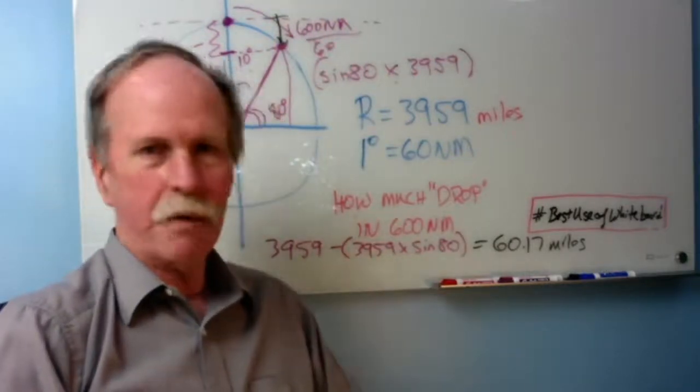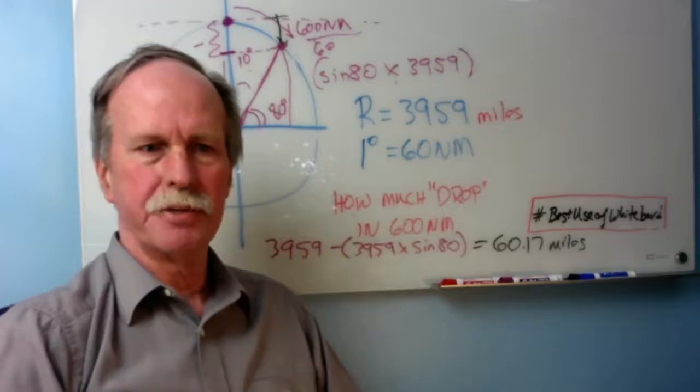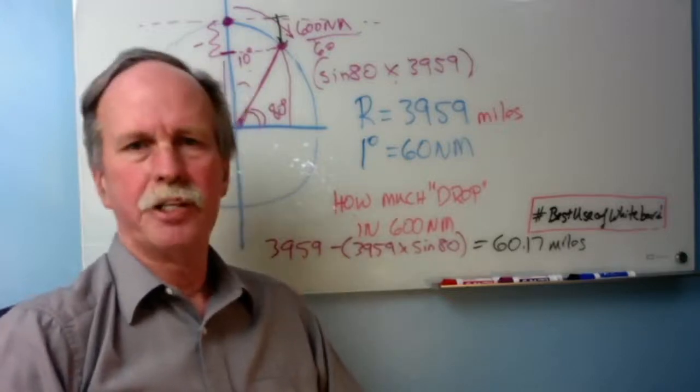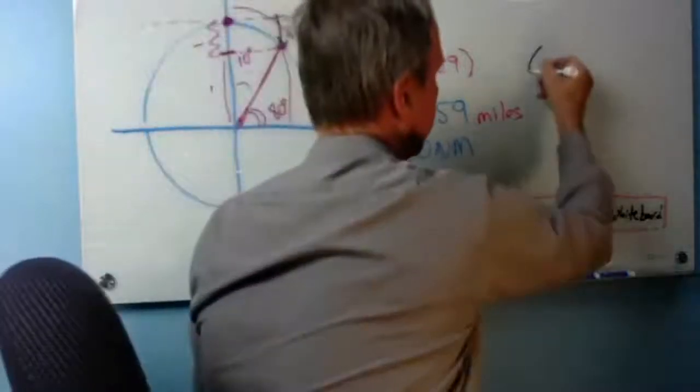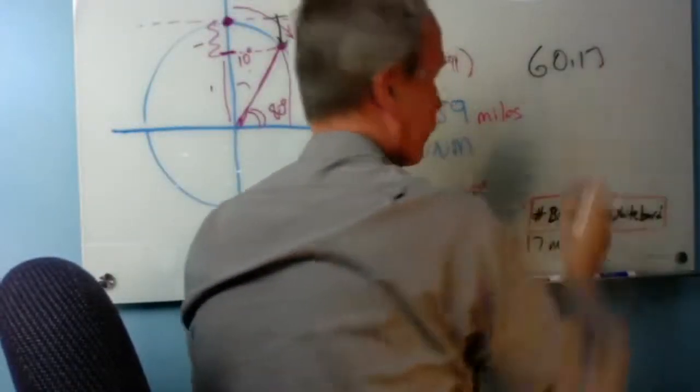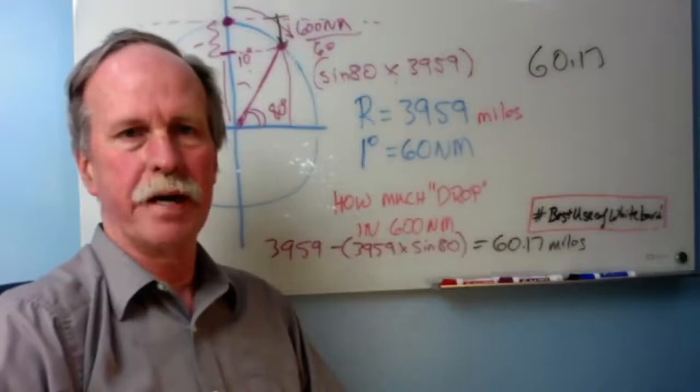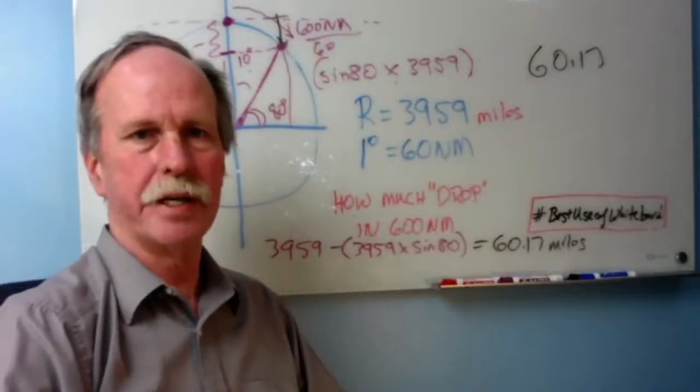Now, while we're at it, let's go ahead and just compare this real quick to the old 8 inches per mile squared number. So the actual number is 60.17 miles. That's what it is.